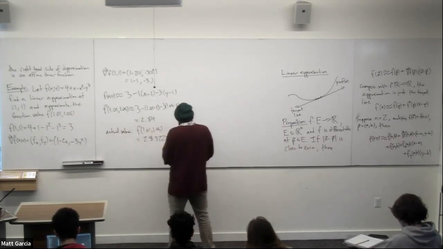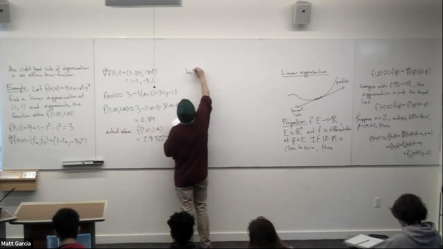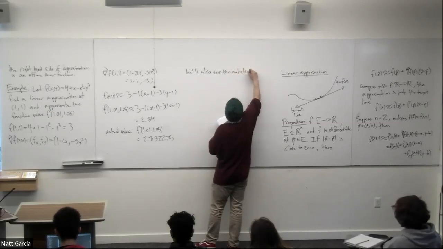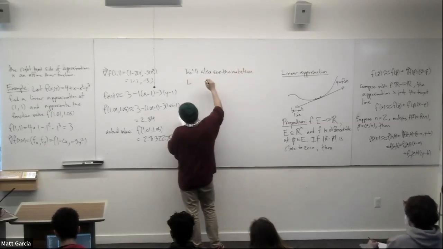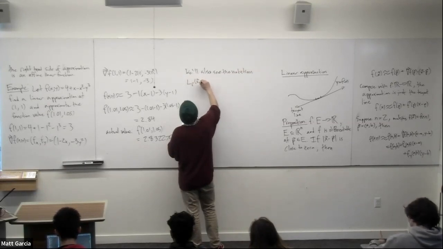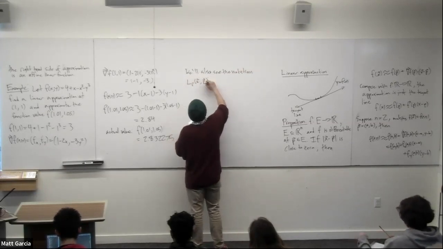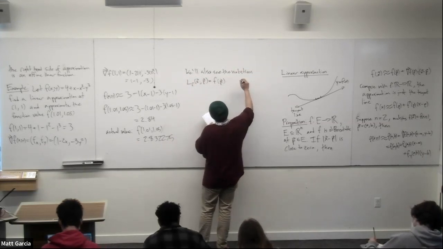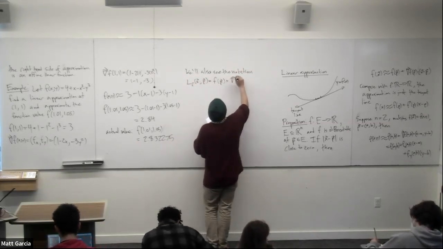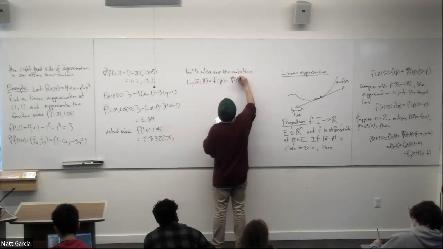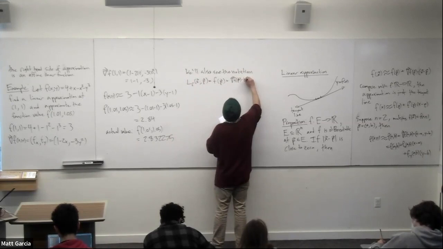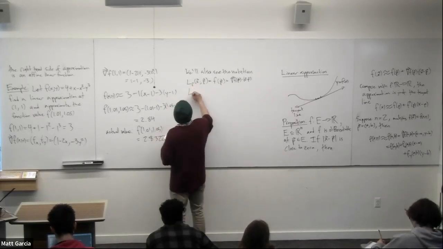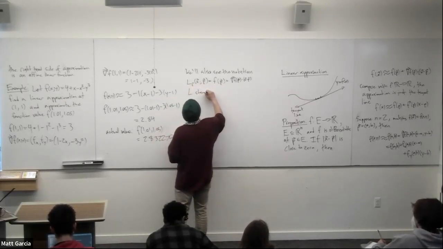Okay, so we'll also see the notation L sub f of x hat, centered at p, equal to f evaluated at p plus the gradient of f evaluated at p dot (x hat minus p hat), L standing for linearization.